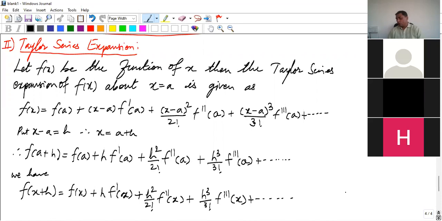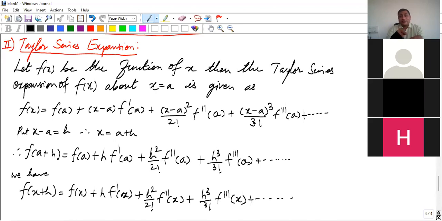Now the question is, if I have one formula, why have we derived the remaining two, or why do we require them? The answer is, as per the need, we write the formula. The first formula is in terms of x minus a. If the question is to find the expansion of the function about x equal to a, then we use the first formula.